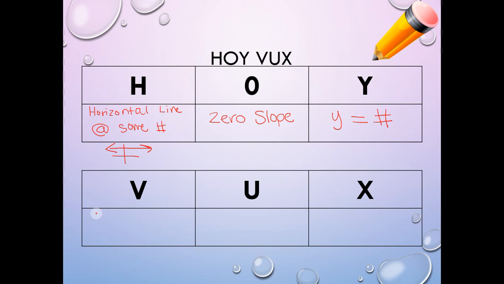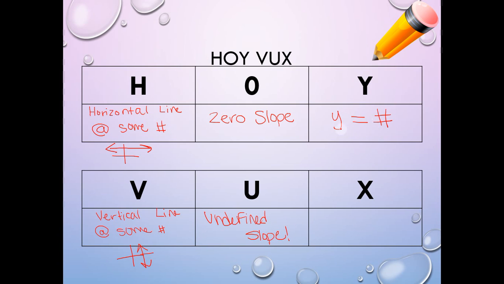Now, V is for vertical. This is a vertical line at some number. Now, vertical means you're going up and down. Vertical is vertically ascending, so you're up and down. Now, a vertical line, if you remember, had an undefined slope.